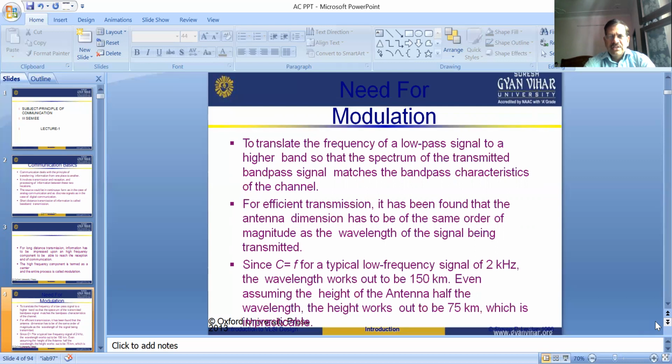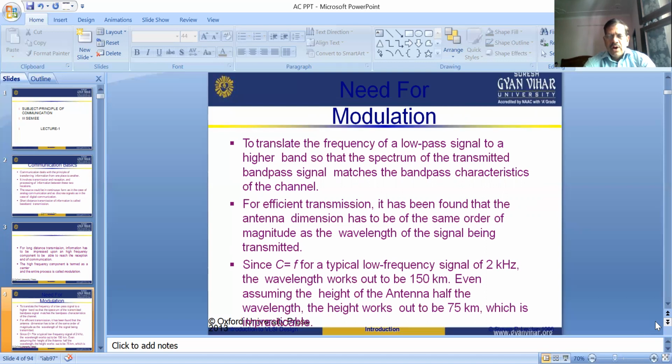Low pass signal means the frequency is in the range of 500 hertz, 1000 hertz, up to a maximum of kilohertz, to a higher band, so that the spectrum of the transmitted band pass signal matches the band pass characteristics of the channels.